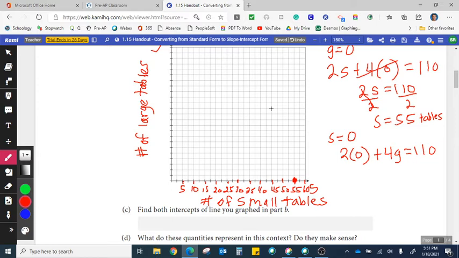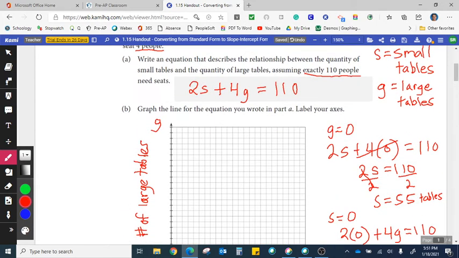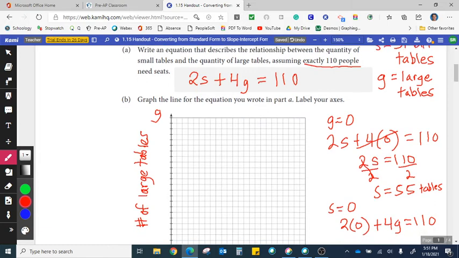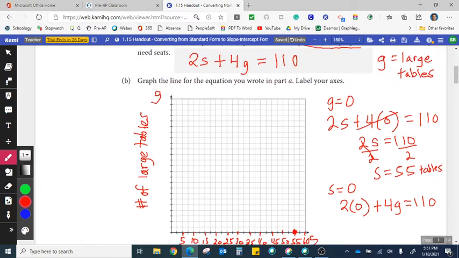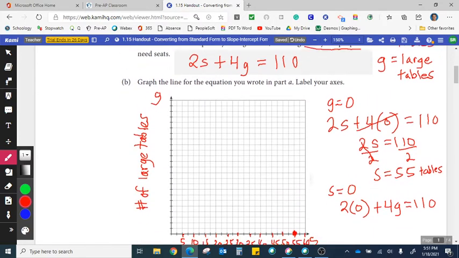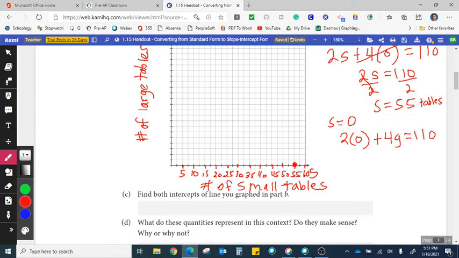What I did here is look back at that same equation that I wrote out earlier. What I'm doing is plugging in a 0 in place of the S, because I'm going to find the number of tables I would need if I'm just using large tables.